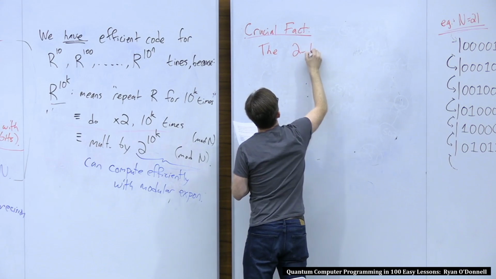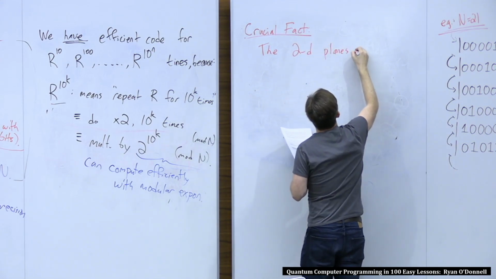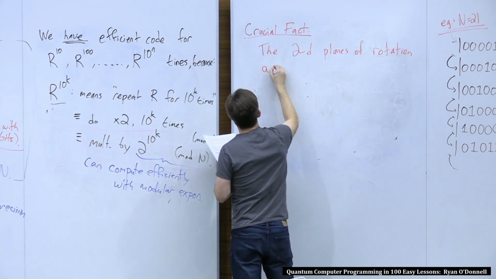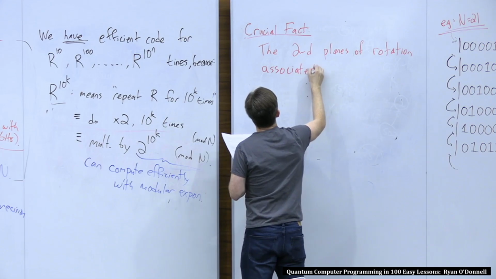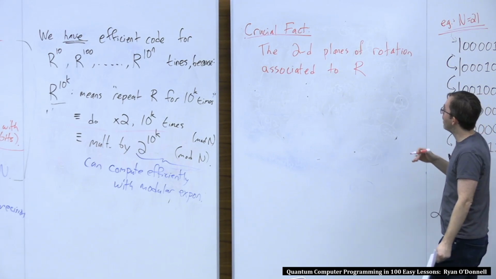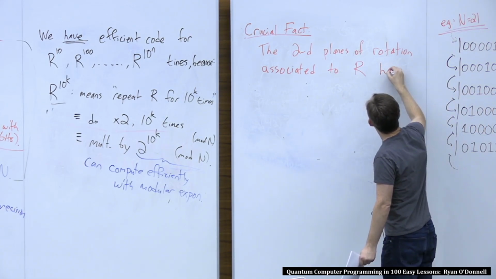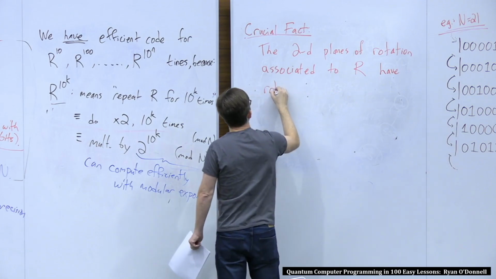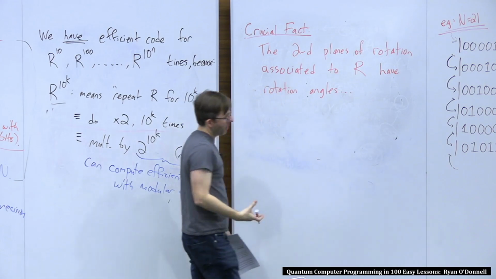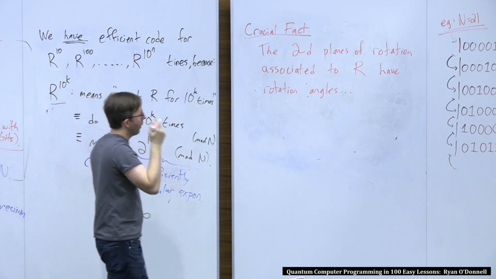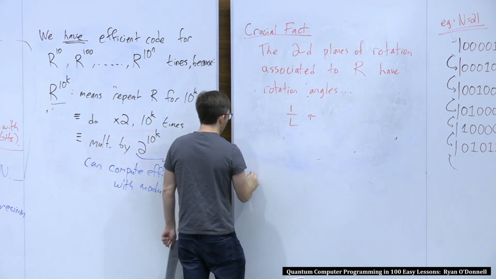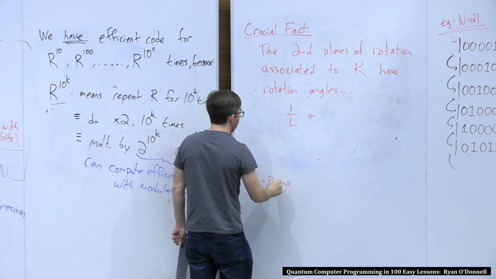It's that the 2D planes of rotation for this R, well, we're going to see what they are, but I'll just tell you now what their angles are. They have rotation angles. There's lots and lots of them, but their angles are 1 over L times tau. Remember, tau means one full turn of the circle, which is 360 degrees.